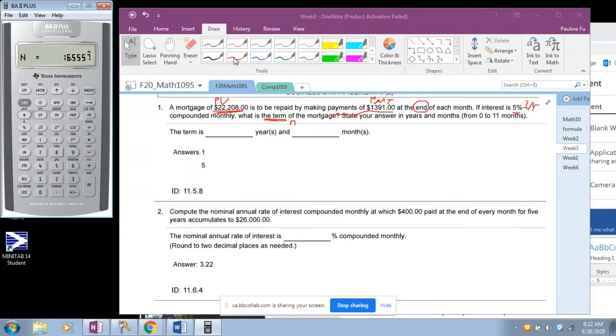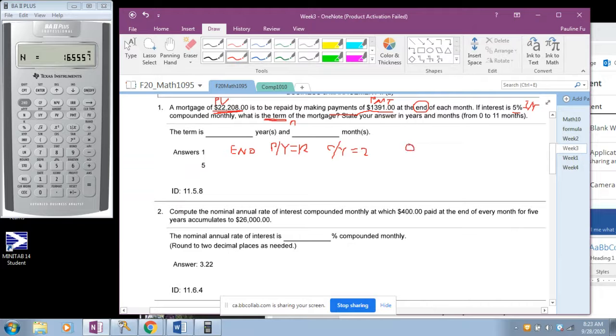I will write it down. Okay. So for our calculator, just briefly write down what we did. Make sure your calculator is in END mode. And then you set up your calculator. P/Y equal to 12. C/Y equal to 12. Okay. And then enter the 3 numbers given, and also make sure future value is 0.